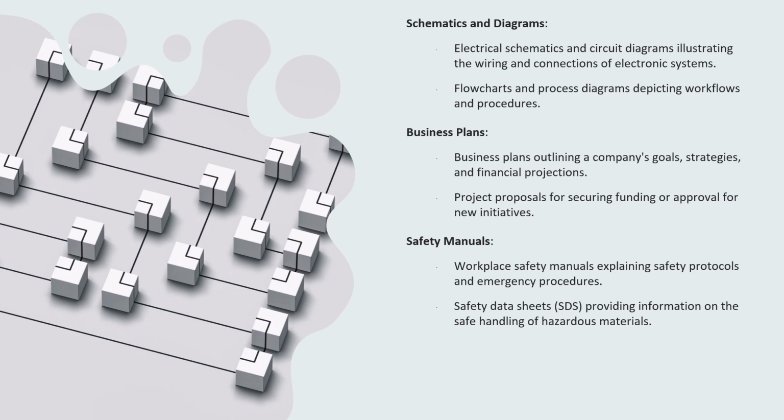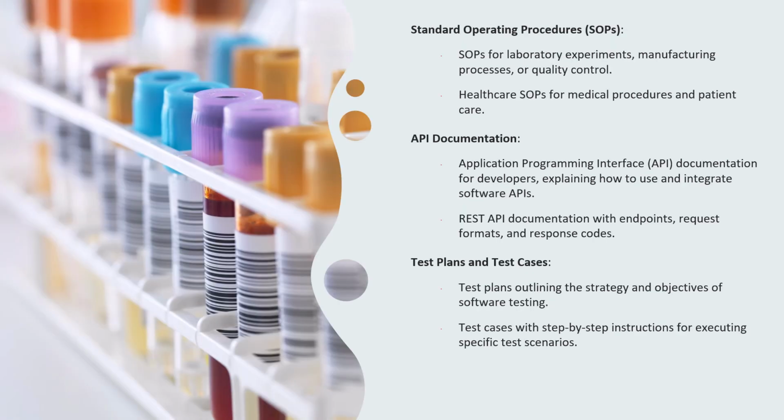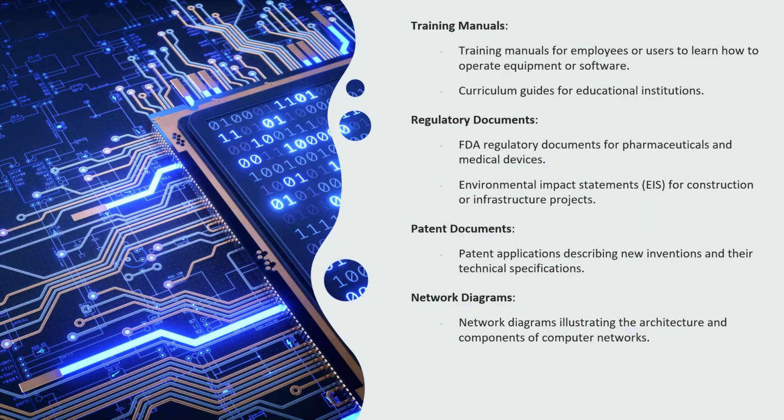Then we also have schematics and diagrams, business plans, safety manuals, standard operating procedures or SOPs, application programming interface or API documentation, test plans, test cases. We also have training manuals, regulatory documents, patent documents, and also network diagrams.